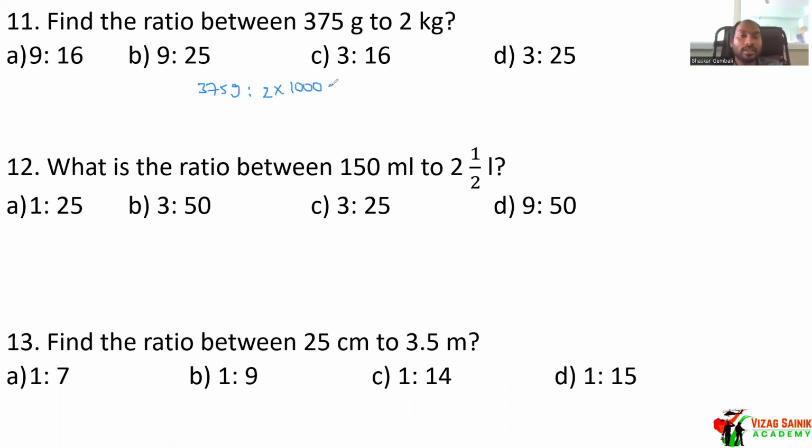So 2 into 1000 grams. Check, the 5 table will come twice. 5 7s are 35, 5 5s. And 2 into 5 is 200. Again these will come in the 5 table. 5 15s, 5 40s. Again the 5 table. 5 3s, 5 8s. So what does the answer become? 3 is to 16. The answer is 3 is to 16.